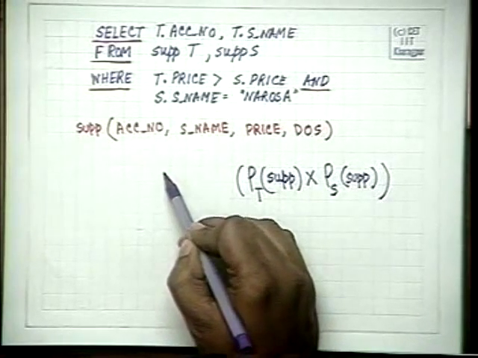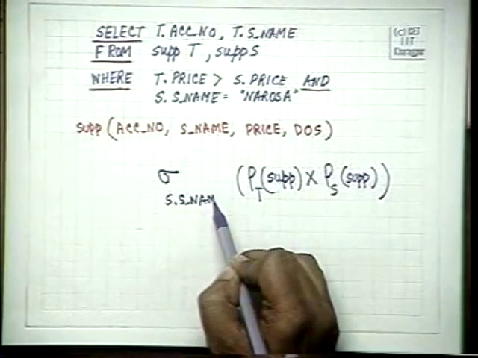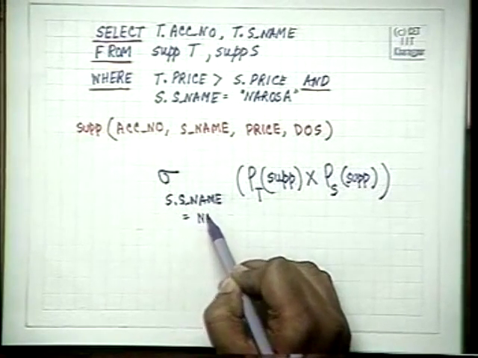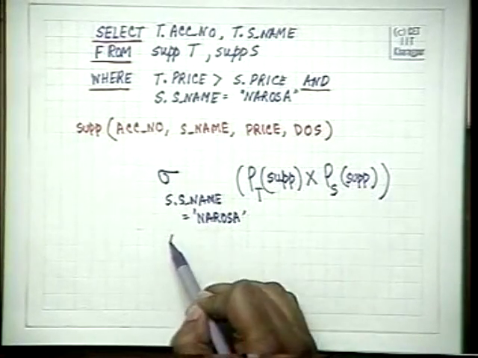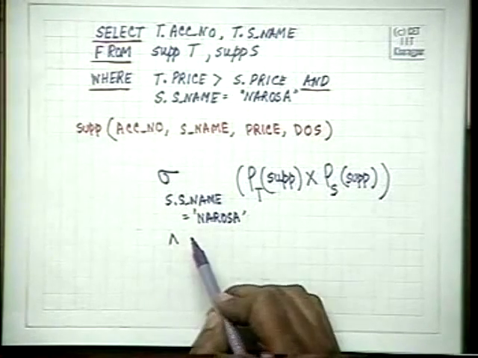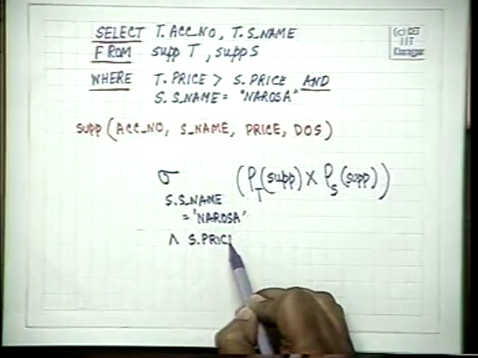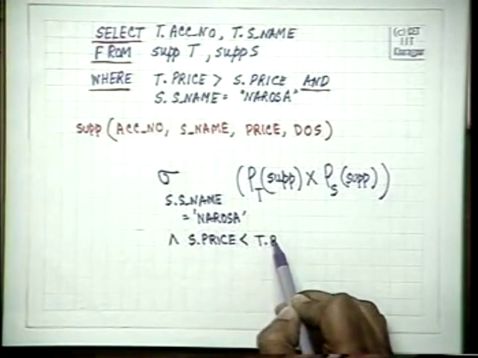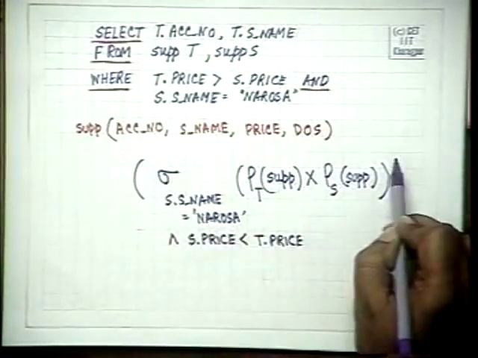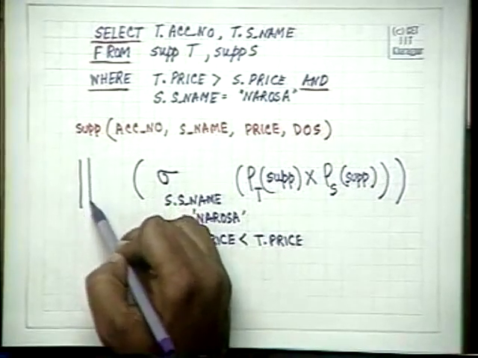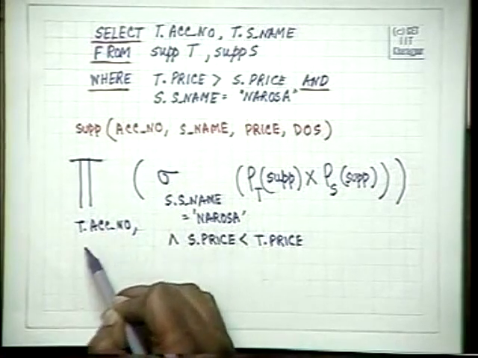And then we select out where S.S name is equal to Narosa, and we select out where S.price is less than T.price, and we project out T.accession number and T.S name.